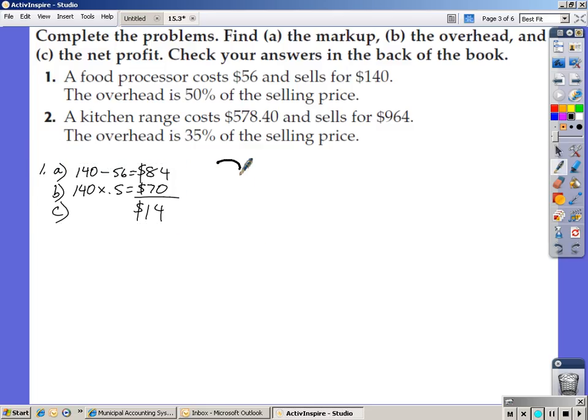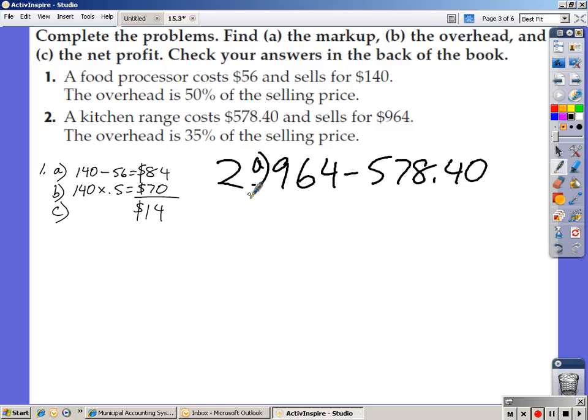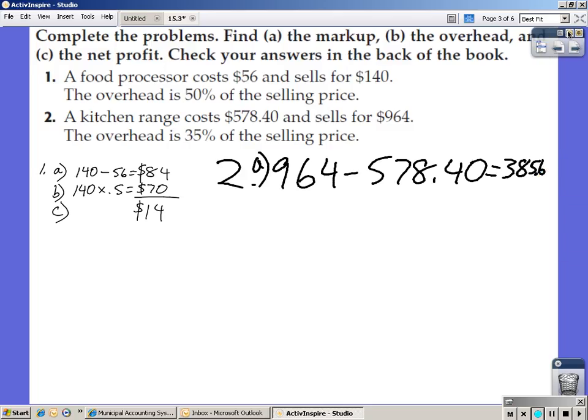Number 2, kitchen range costs $578.40, sells for $964. $964 minus $578.40. This is part A. Plug that in. That is $385.60. All right.